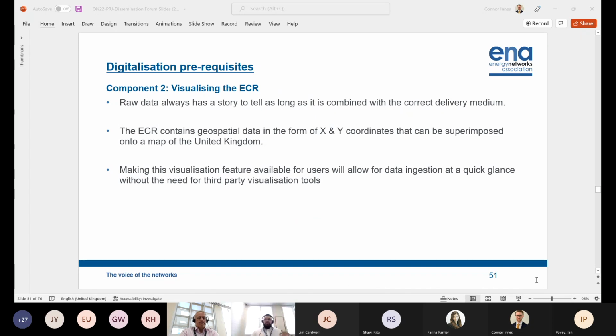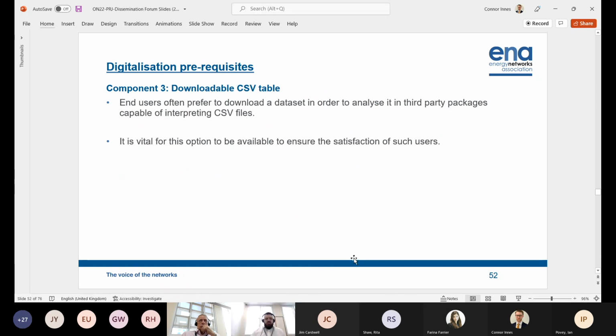These can be used to superimpose every resource on a map of the UK. In some instances, a lot of users prefer this visual aspect, so they would like to go to a specific region, zoom in on that, and consume the information in that manner. And this is the point that we are trying to make with this component specifically. Can we go to the next slide, please?